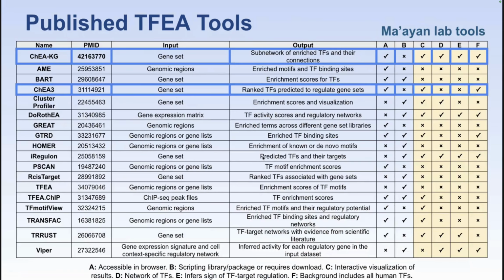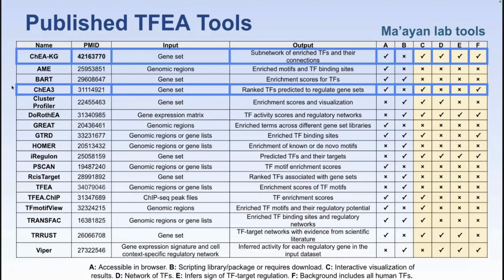So there are several other transcription factor enrichment analysis tools that are summarized in this table. The first tool is the subject of this presentation, and it was actually just published last week in the web server issue of Nucleic Acids Research. So this tool, ChEA-KG, along with our other tool, ChEA-3, are both highlighted since they were tools developed by our lab.